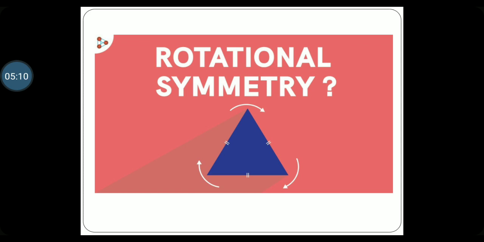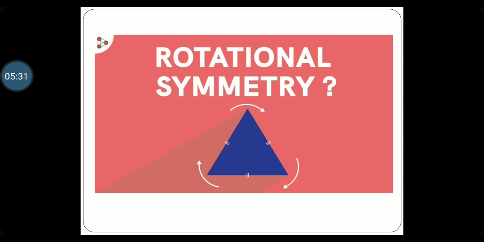Now at exercise 17.2, you need to tell me whether these shapes can be turned, how many times they can be turned, and what the order of rotational symmetry of each shape is. Then the last exercise is exercise 17.3.